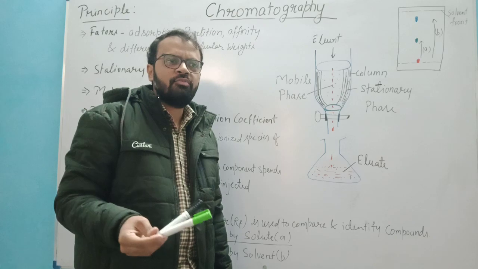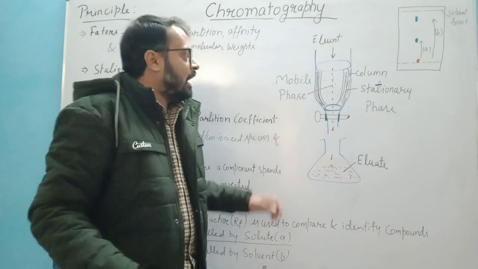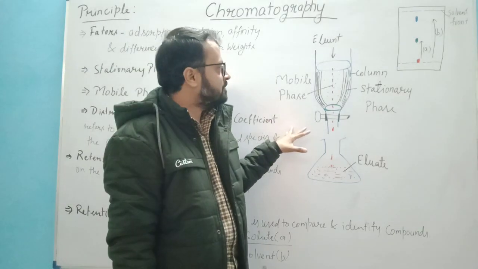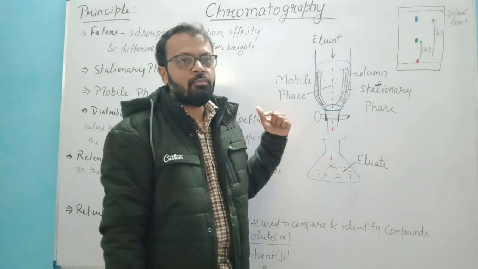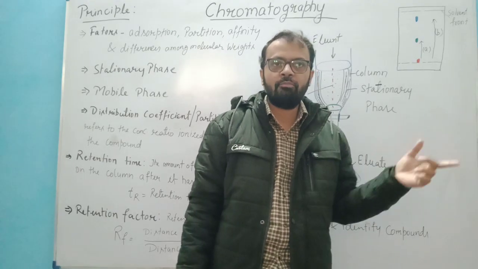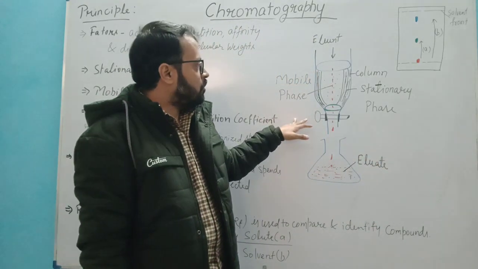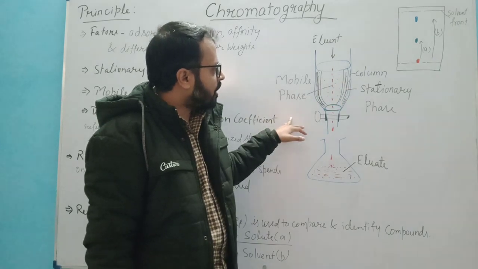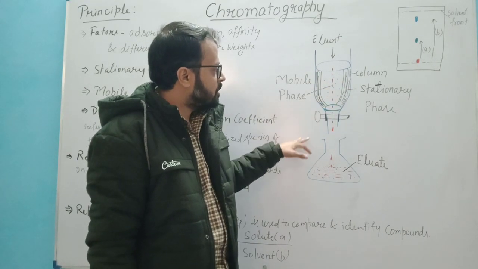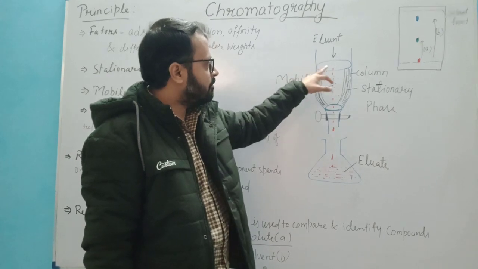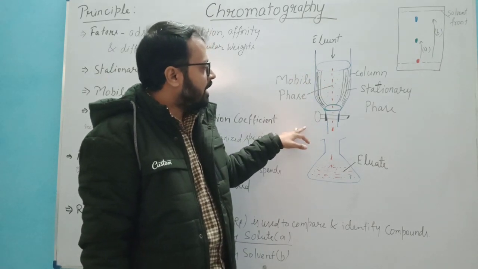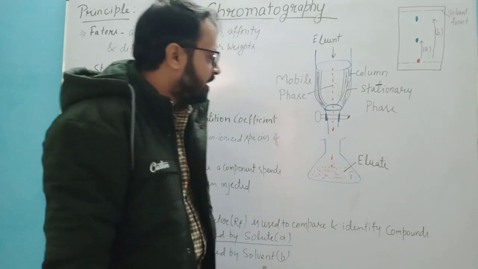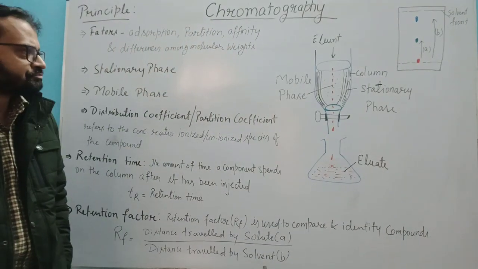There are different types of stationary phase depending on what we want to separate, whether our mobile phase is polar or non-polar. So the stationary phase is incorporated into the column and the mobile phase passes through this column, separation takes place, and the collected sample is called the eluate.